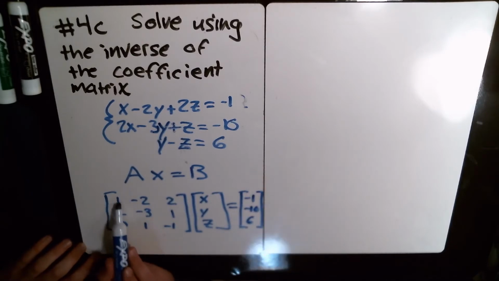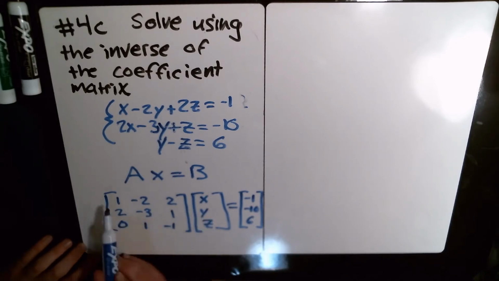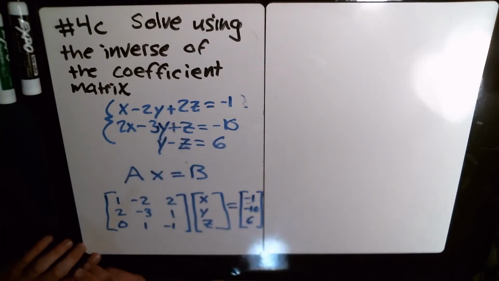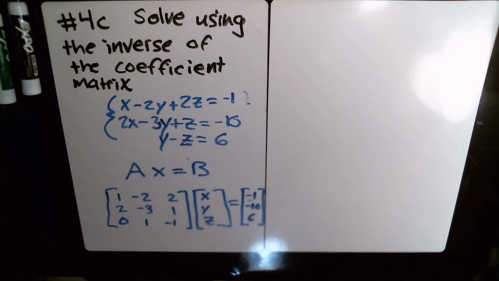Because when you actually do this matrix multiplication, you'll end up doing this row times this column. So you'll do 1 times x, -2 times y, plus 2 times z. That's exactly what this equation is. It should be equal to -1. Okay?